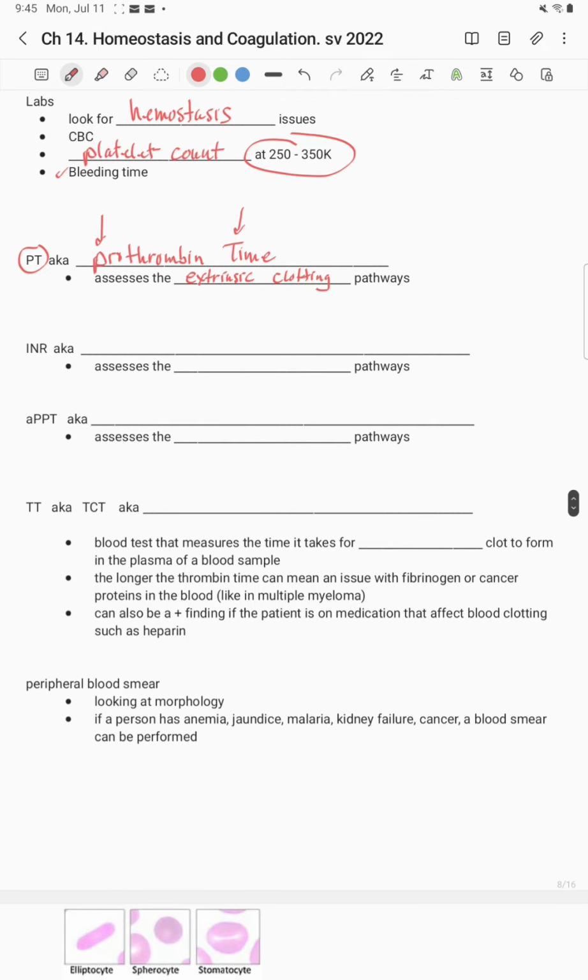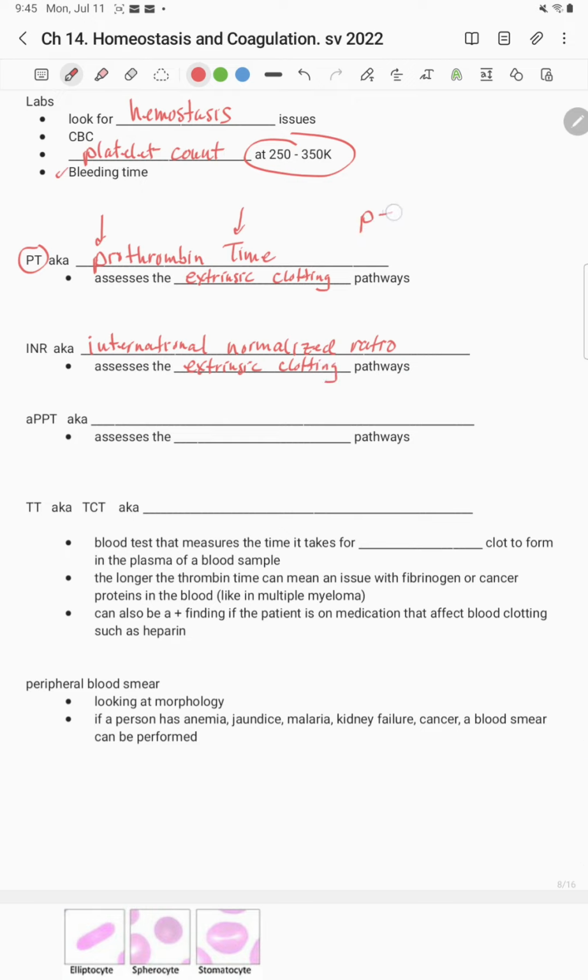Okay, INR is International Normalized Ratio. It assesses the extrinsic pathway or extrinsic clotting pathway.